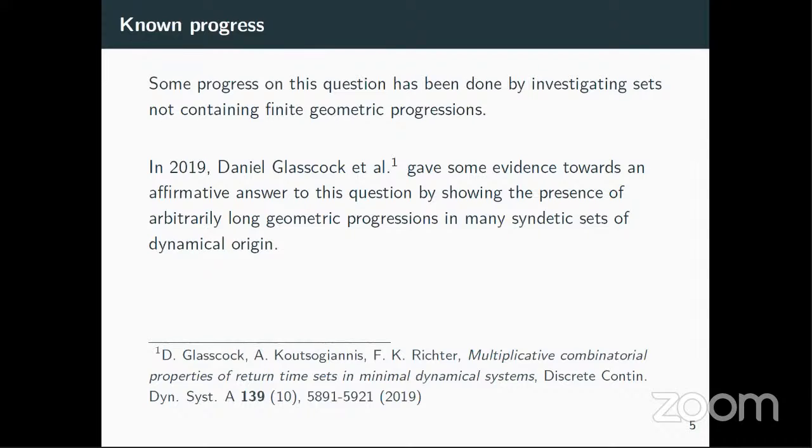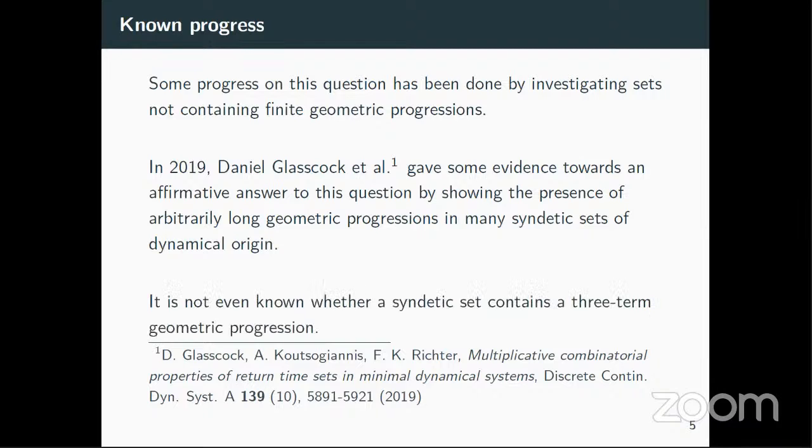They produced some topological spaces where they established that some syndetic set has arbitrarily long geometric progressions. So some positive result was there, but it's not clear whether any syndetic set will contain a 3-term geometric progression of integer common ratio. Here the integer common ratio is important. We do not have a clear classification of such syndetic sets which will contain 3-term geometric progressions.